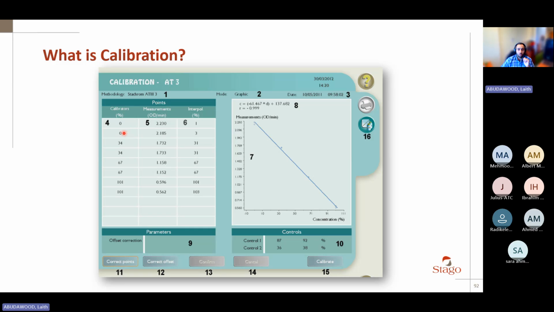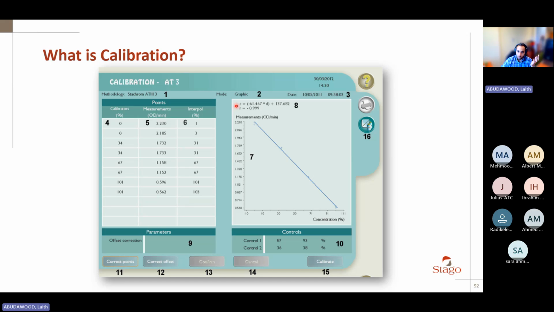Then I tell the analyzer, please measure the optical density for all of these concentrations, one by one. So the analyzer does the measurement. 101 gets you 0.596 optical density, and so on. Then, how would the analyzer next time know how to convert optical density into a percentage like this? The rest is just simple math.